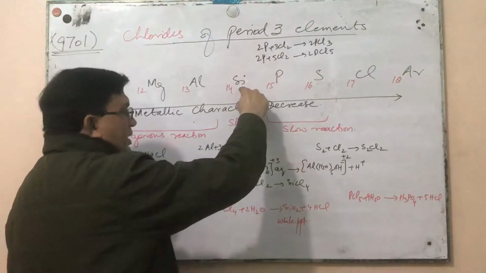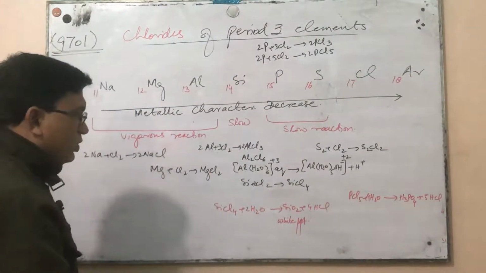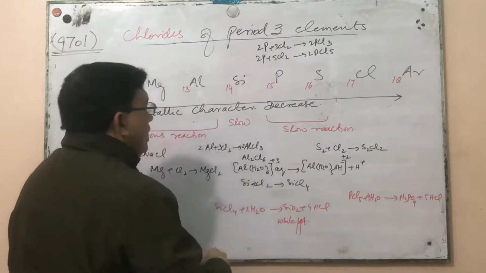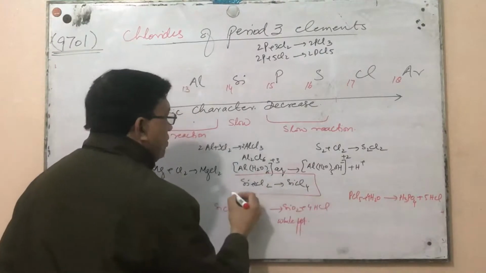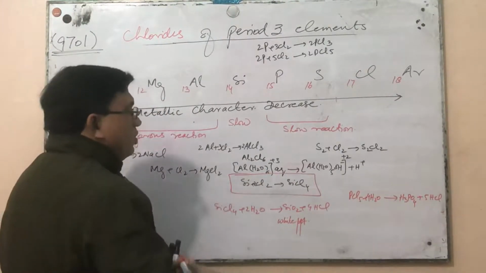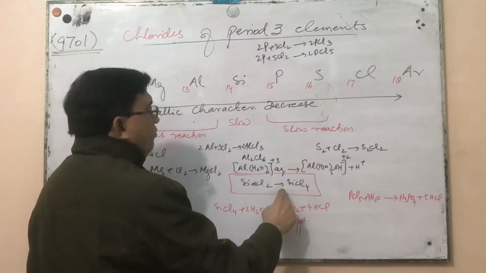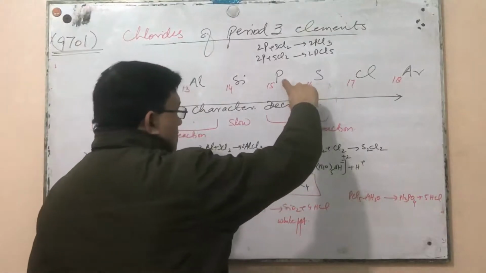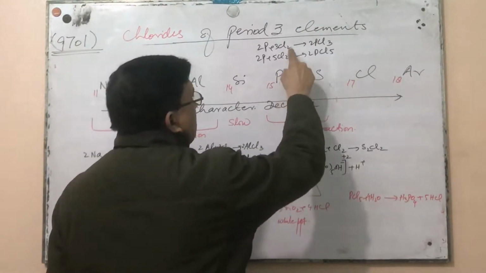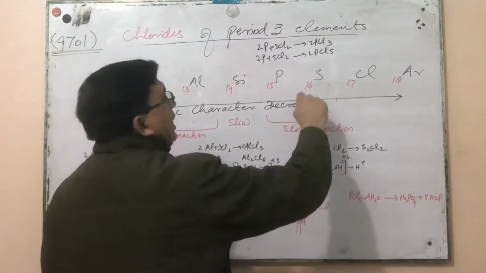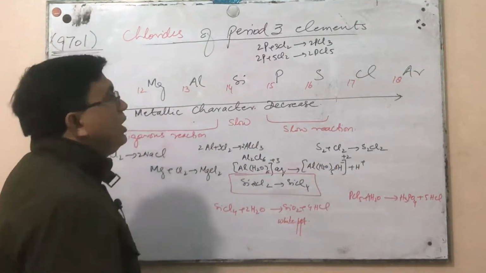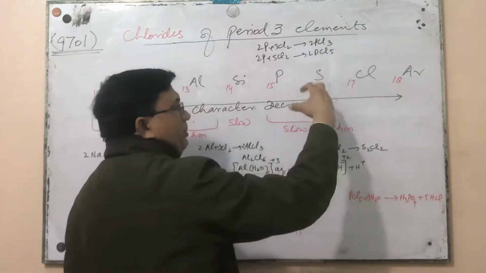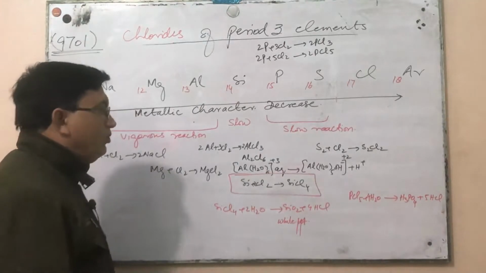In all these three chlorides of sodium, magnesium and aluminium, their oxidation state remains the same, +1, +2 and +3. Now, silicon shows a very slow reaction with chlorine and produces silicon 4 chloride, SiCl4. Now, phosphorus reacts with chlorine vigorously and can produce two types of chloride, phosphorus 3 chloride and phosphorus 5 chloride, depending upon the concentration of chlorine available for the reaction.